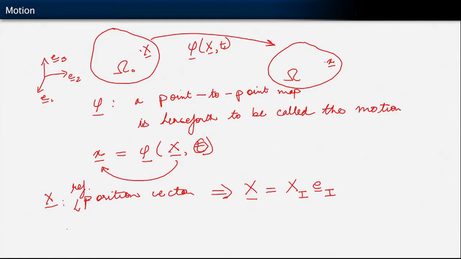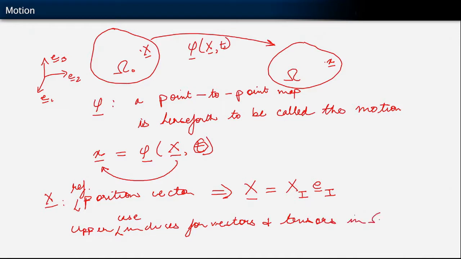So we're going to follow this notation that vectors and tensors in the reference configuration will have uppercase indices. So uppercase indices for vectors and later on tensors when we start introducing them again in omega naught.